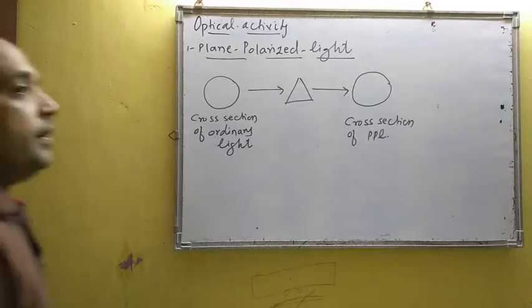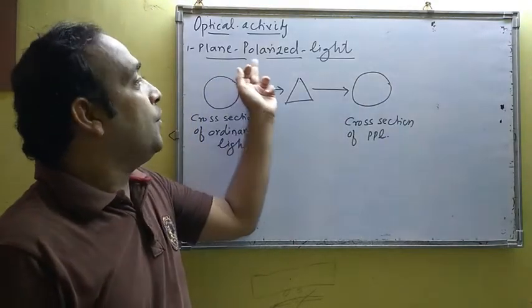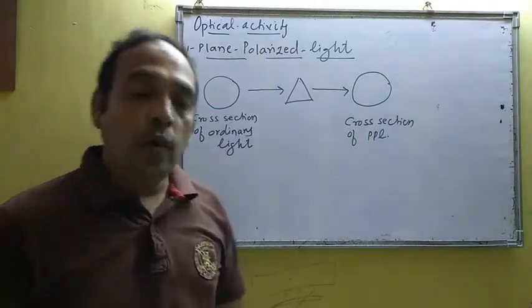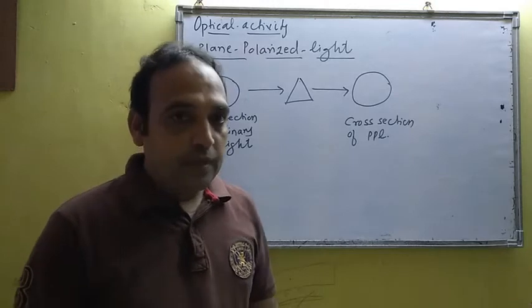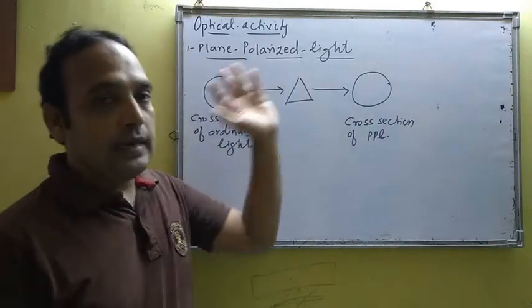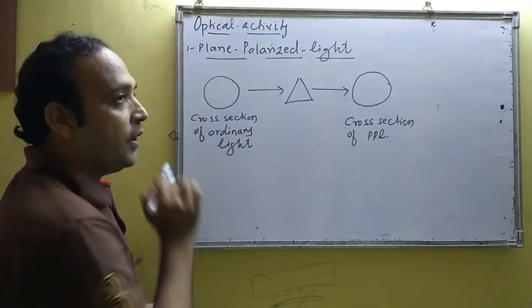Okay, so our next point in optical activity is plane polarized light, and from here we will start our concept of what optical activity is. Students, our point is plane polarized light. This is a cross section of ordinary light.